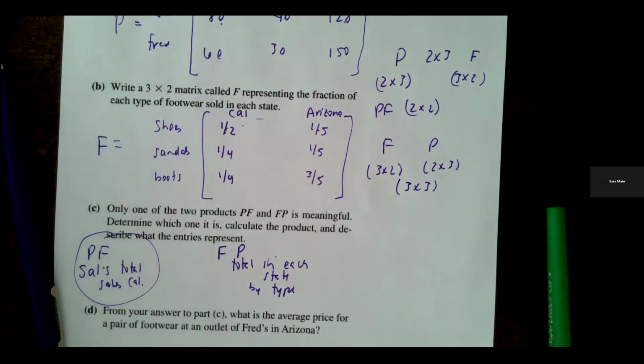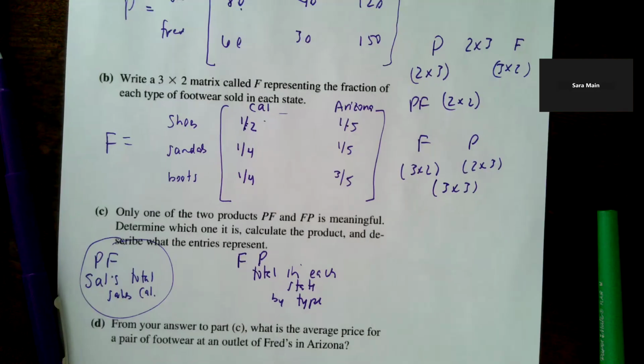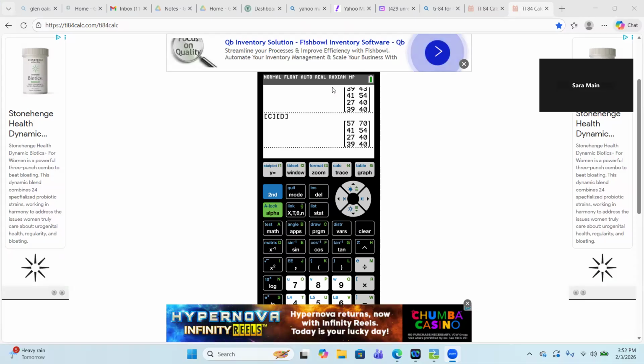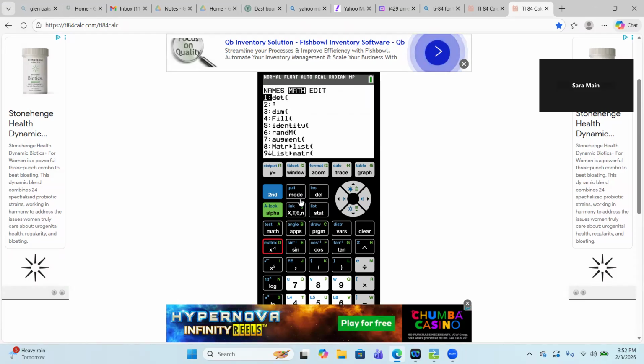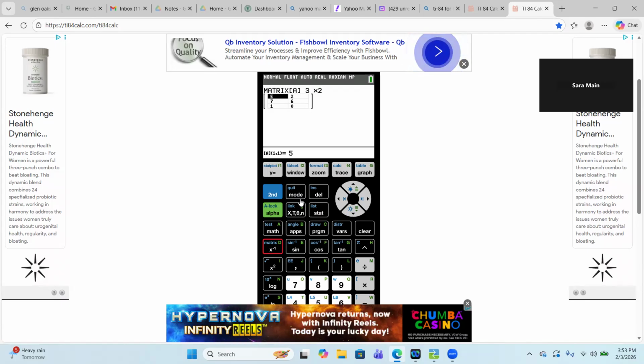So let's go to the calculator. I'm going to let you take a minute and put your data in, and I will do the same. We've got a 3x2. So it looks like that's what we have already for A. Actually, I'm going to put these in. This is a 2x3.